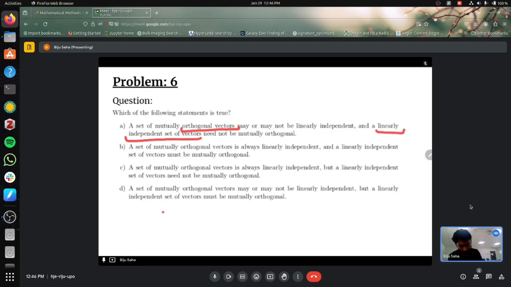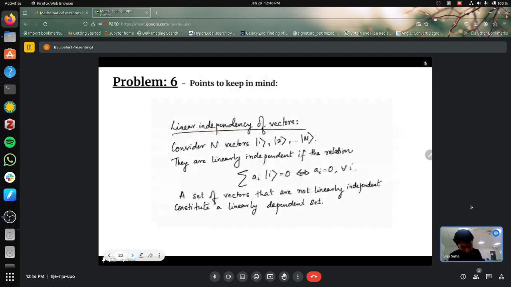So let me introduce what they are. Linear independence I already discussed quite a few minutes back. This is the relation: if there are n such vectors and they are linearly independent, then they have to obey this particular condition. A linear combination of them with coefficients, if the total resultant is equal to 0, then it implies that the individual coefficients are 0.